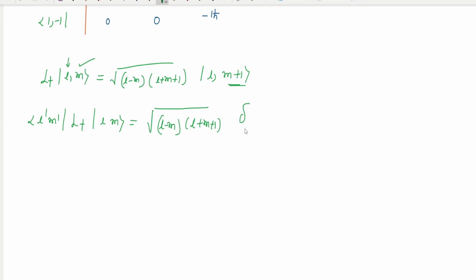Okay, remember j into j prime delta m into m plus 1 here. Okay, m prime m plus 1, m prime m plus 1. This is the formula. So by using this formula we are going to write matrix representation of L plus.